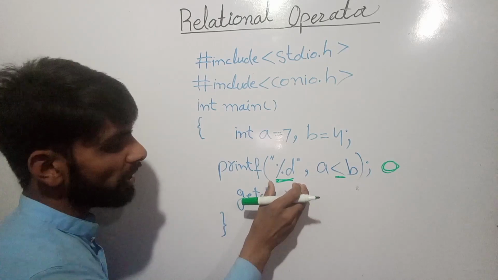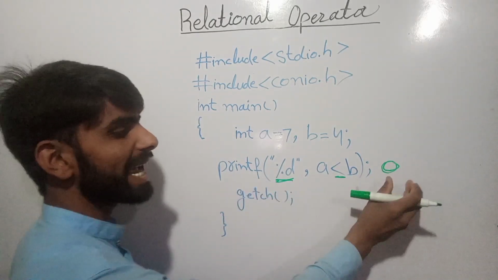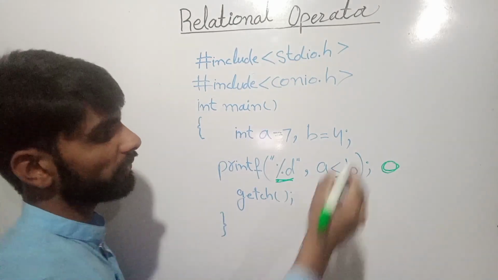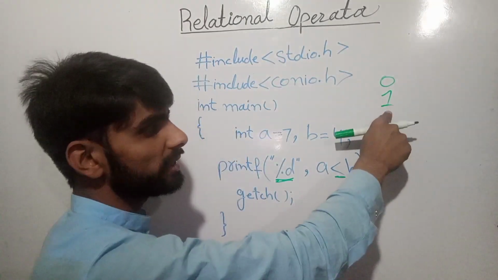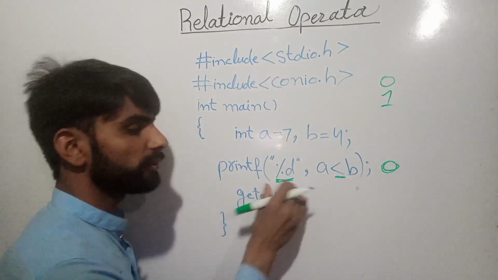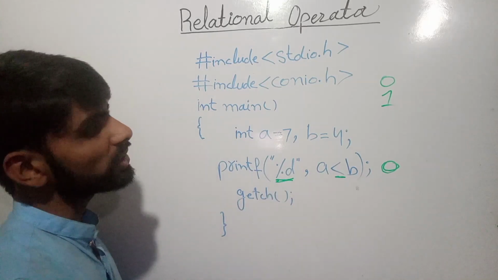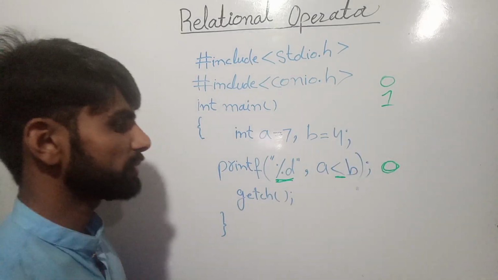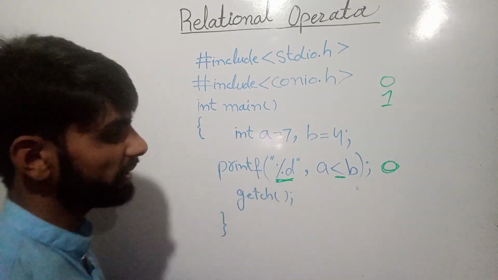Because this is the format specifier for the integer data type, and we always get the value 0 or 1. So these values are integer data types. That's why we always write percentage d here, because our output is an integer data type.